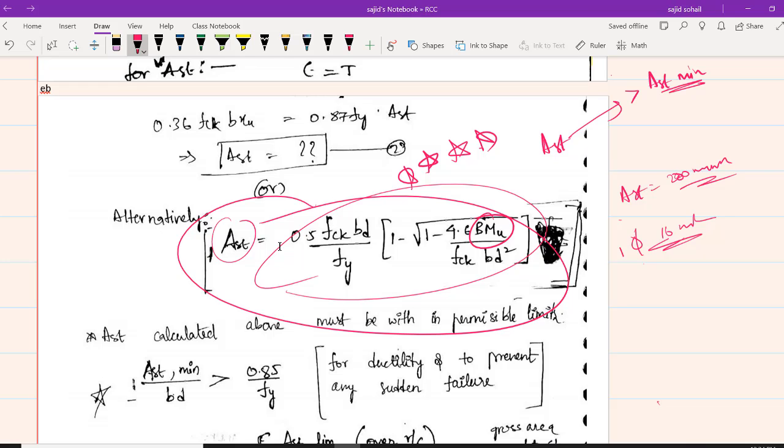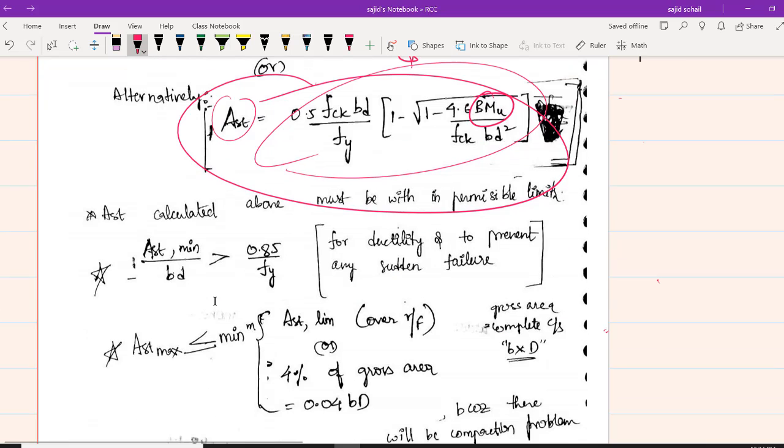So how much minimum do you have to provide? Obviously you have to provide more than that. Remember this, the standard is already written in your notes, but you have to remember it.